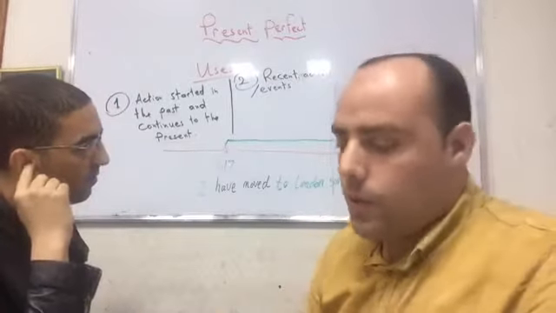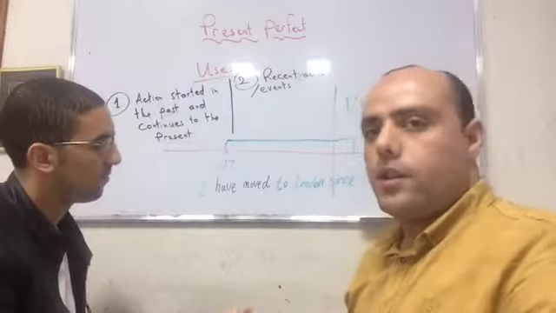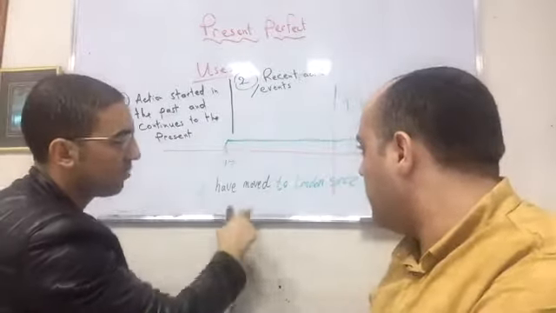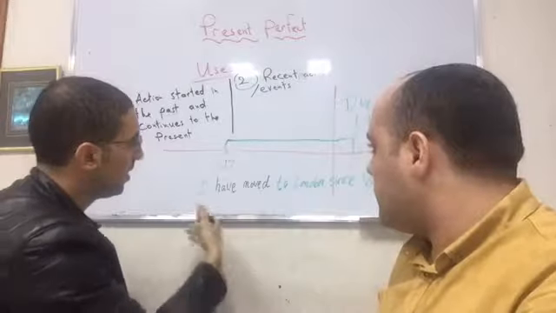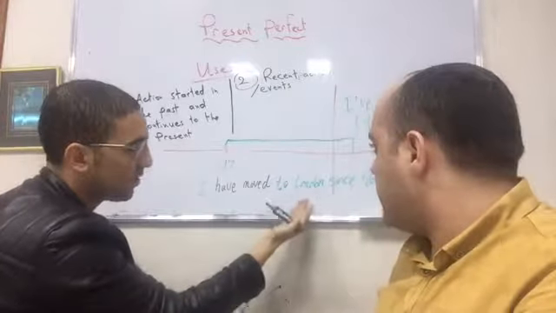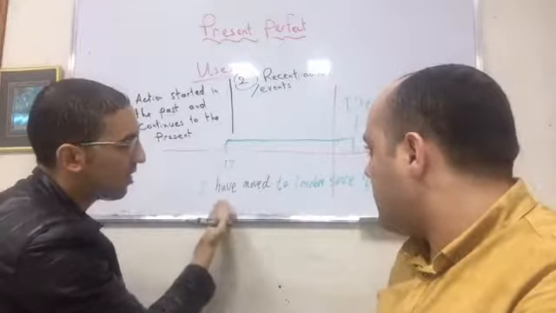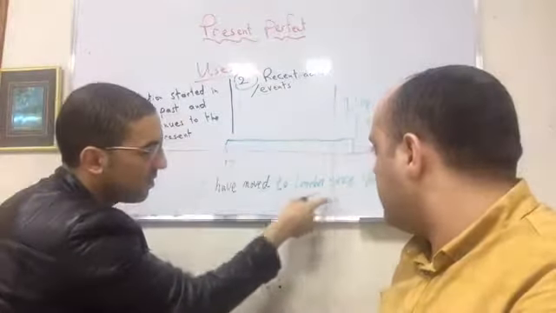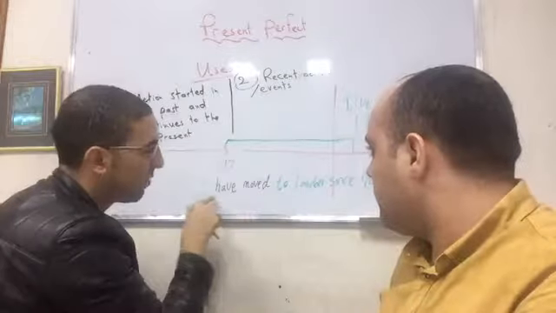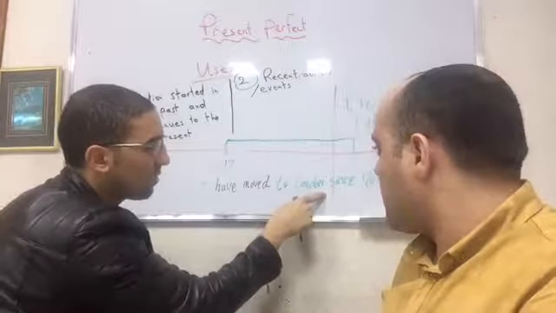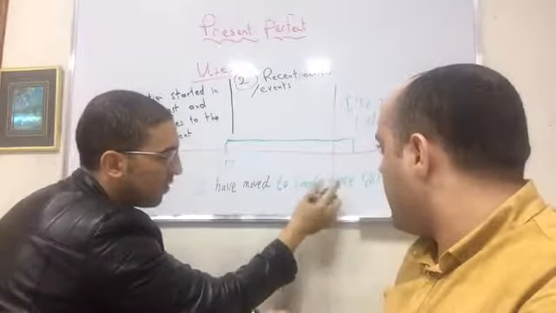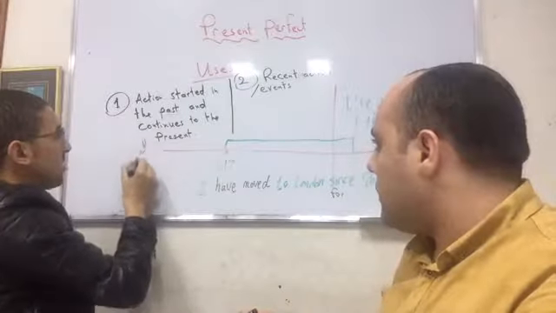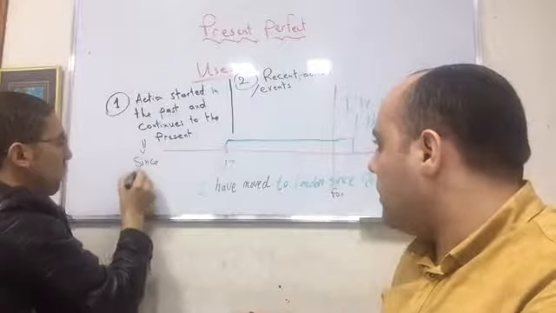Also, I just want to say something here so that we don't pass it. Here, I have moved to London since 2017. This action is something that happened in the past: I moved in 2017, and I'm still there. So I say I have moved to London since 2017, or I can use for. Just remember, in this use we use since and for.